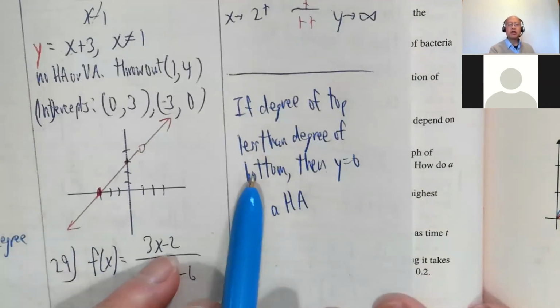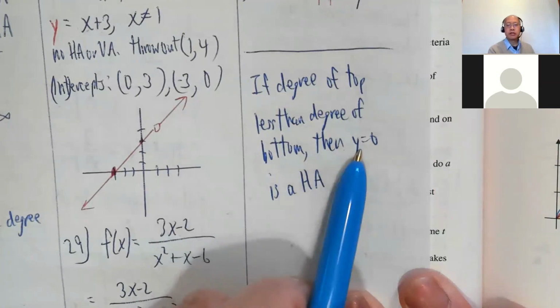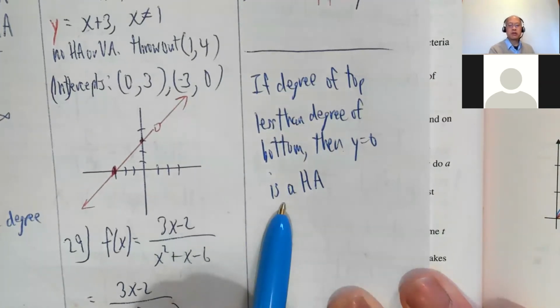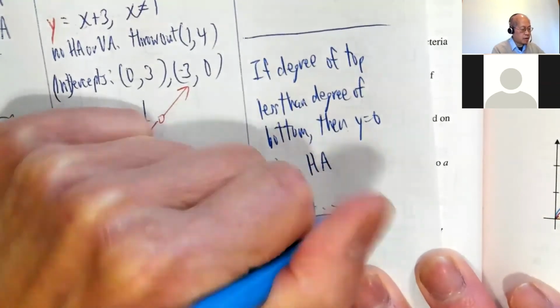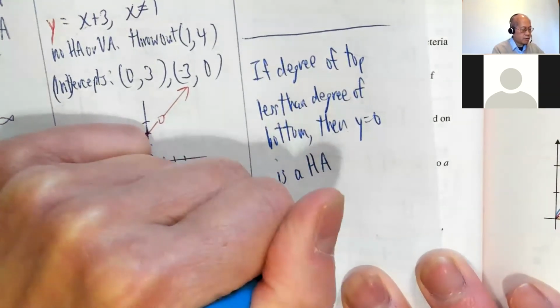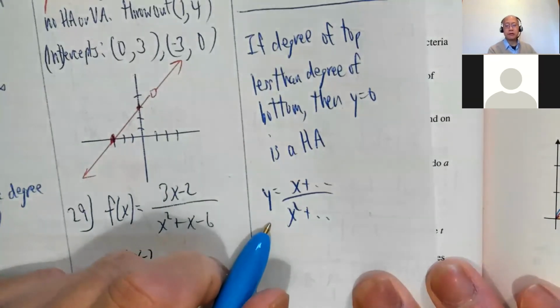Now, if the degree of the numerator is smaller than the degree of the denominator, which means in the long run the bottom wins, the ratio is 0, then y = 0 is a horizontal asymptote. So y = x plus blah, blah, blah over x squared plus blah, blah, blah. That will be a horizontal asymptote for sure.